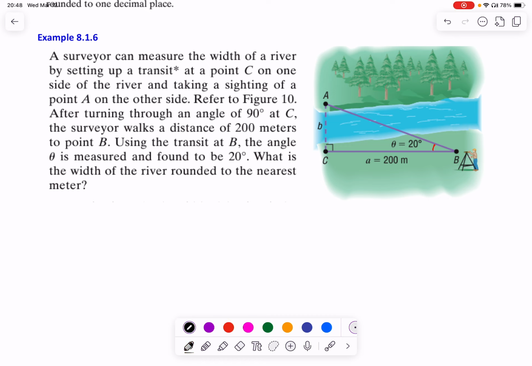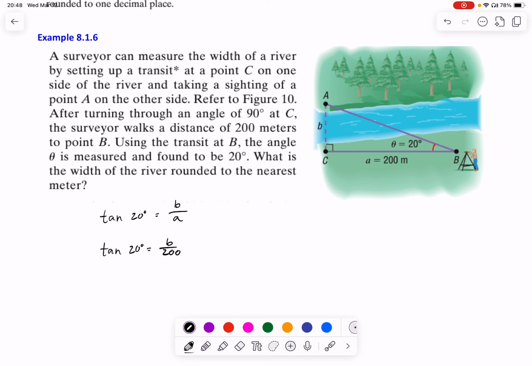So we know that the tangent of 20 is equal to the opposite side, which is B, over the adjacent side, which is A. So we know tangent of 20 degrees is equal to B over 200.